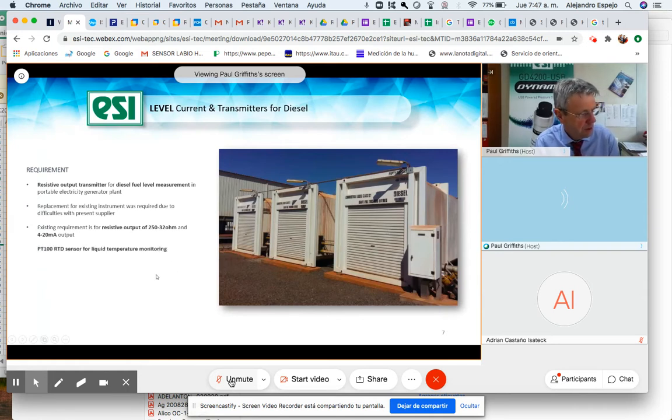Now this customer, which is actually Caterpillar, they were using a resistive probe. So if you can imagine a probe that goes into the tank and goes all the way to the bottom. So the tank may be 2 meters, 2.5 meters deep. So the probe would be 2 meters long.